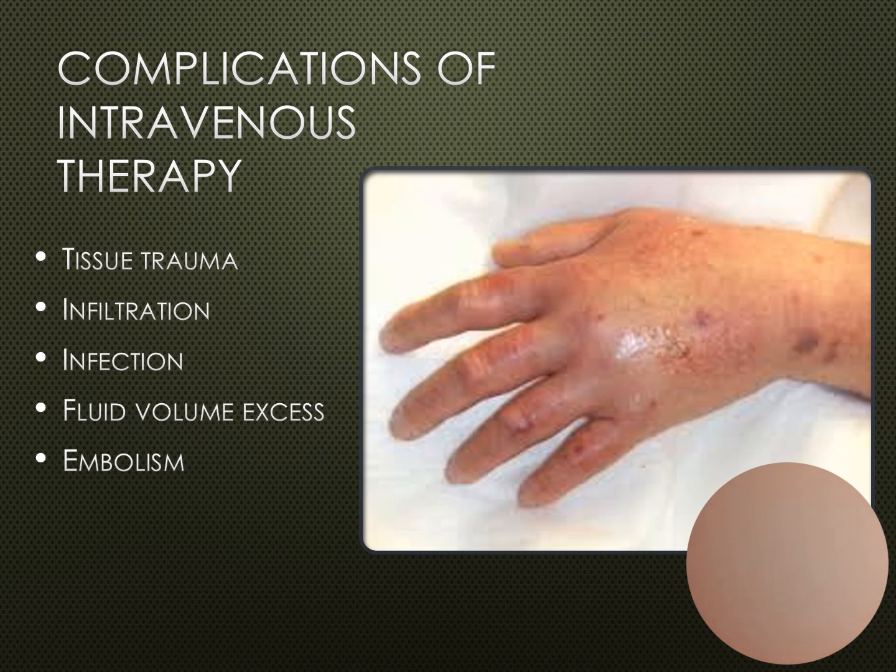So let's look at complications. Complications can be local or systemic. They can even be life-threatening and life-altering. So it's important to use appropriate techniques, frequent assessment to identify potential complications, and then implement appropriate interventions when we do note a potential complication.